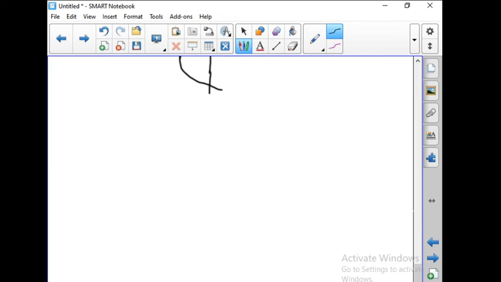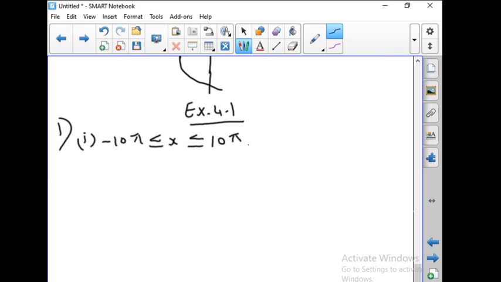So, exercise 4.1. First question. Find all the values of x such that, first one, minus 10 pi is less than or equal to x less than or equal to 10 pi, and sine x is equal to 0.